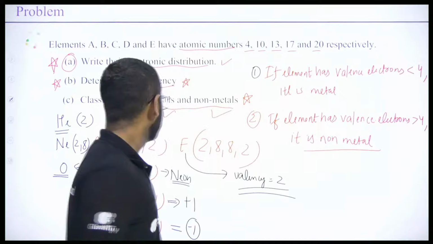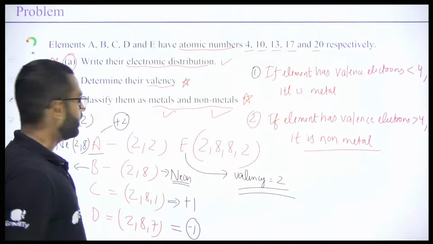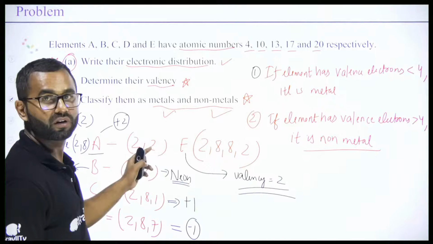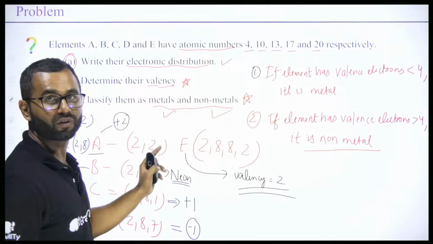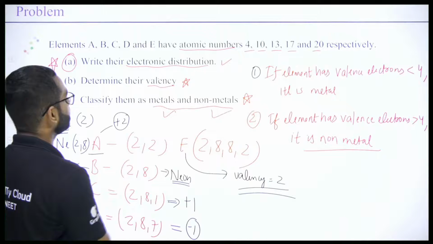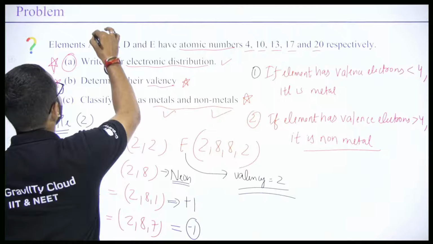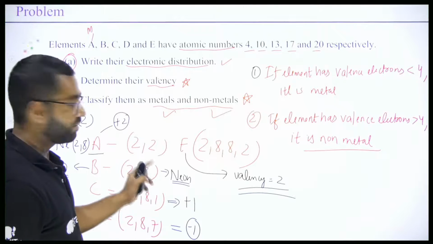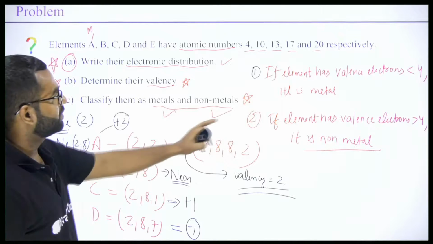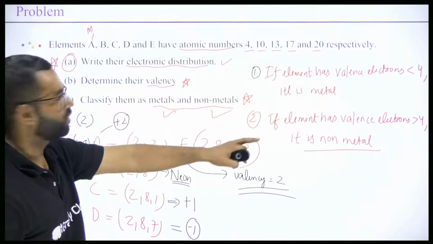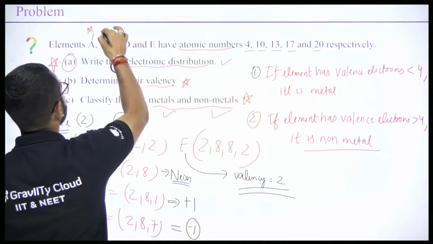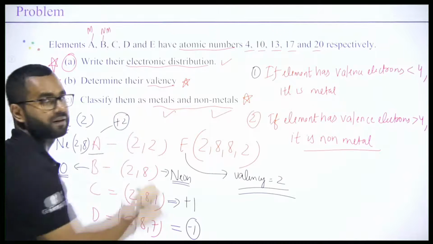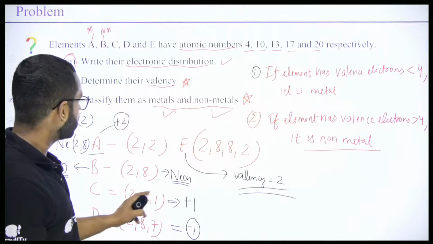So you see, A has 2 electrons, which means less than 4. That means A is metal, right? I will write M. B is 2, 8, right? So valence electrons greater than 4, non-metal. So B is non-metal. NM, non-metal. C is 2, 8, 1.